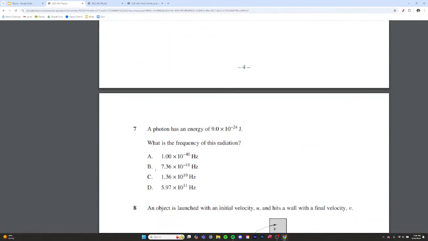A photon has an energy of 9 times 10 to the minus 24 joules. What is the frequency? Yuck. I don't know what that is. I'm throwing that out. Okay. So I think this is E equals hf.